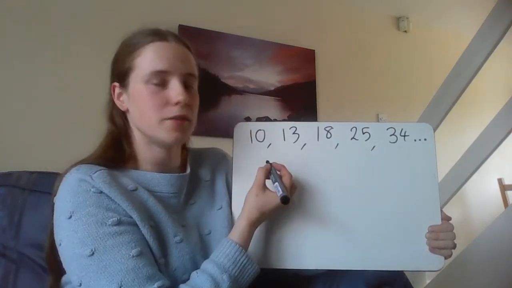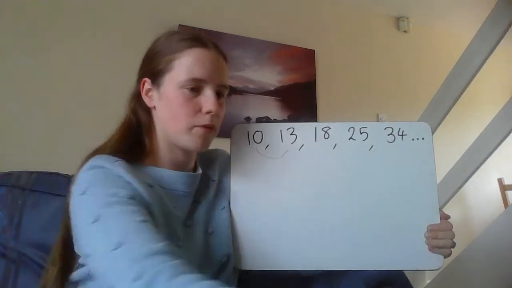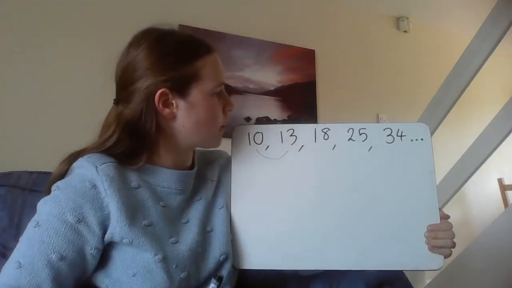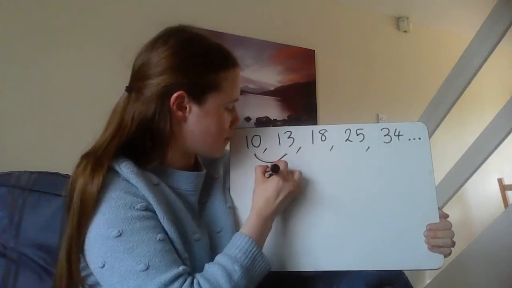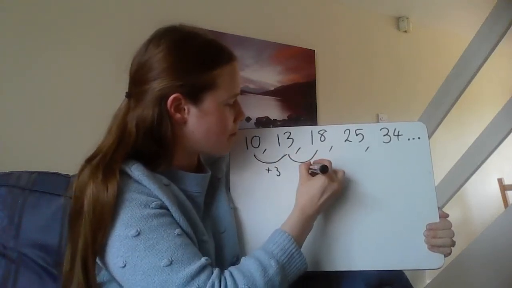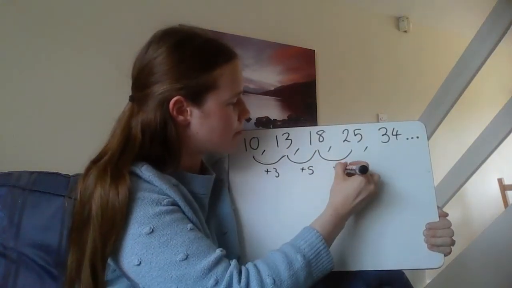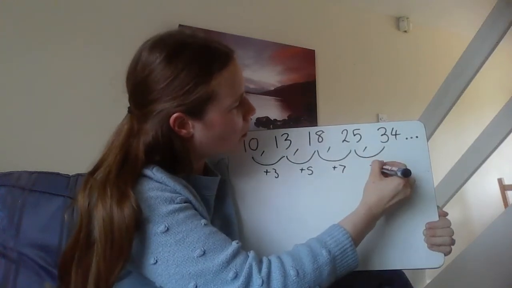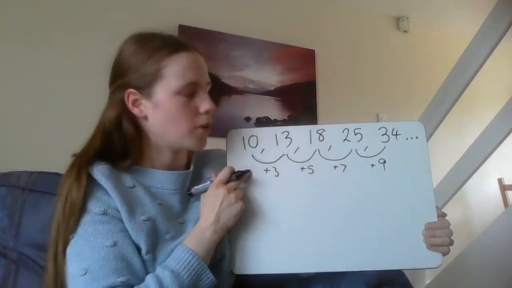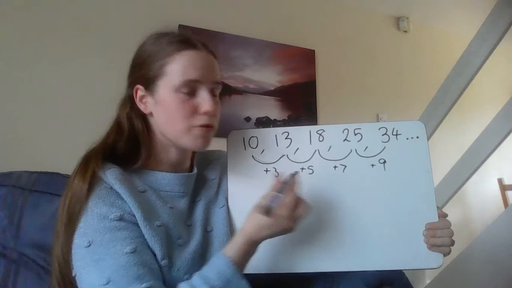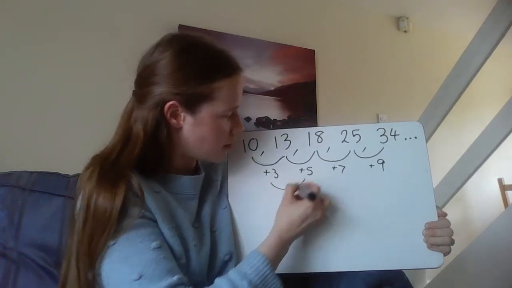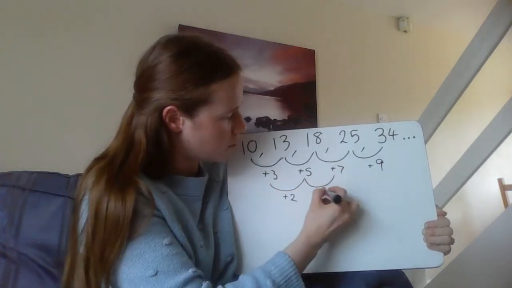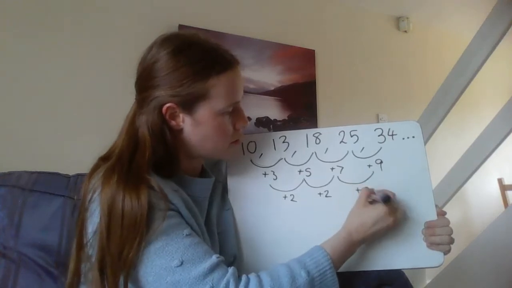So looking at the differences, I've got a gap of 3, then I've got a gap of 5, then a gap of 7, and then a gap of 9. Those are the differences. The differences between the differences, I've got 2, I've got 2, and I've got 2.